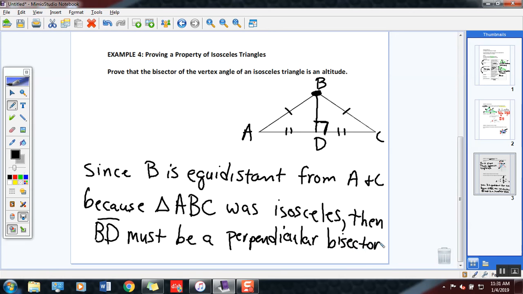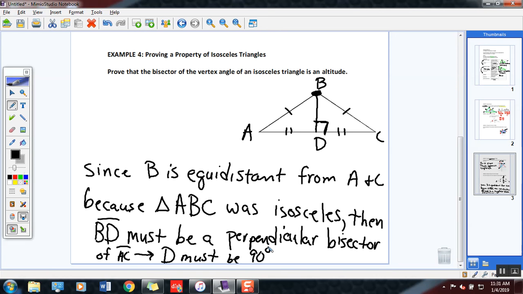Who said it? Somebody said it. Perpendicular bisector of AC. So that means that D must be what kind of angle? Right angle. Yep. It says prove that the bisector of the vertex angle of an isosceles triangle is an altitude. D must be 90 degrees.